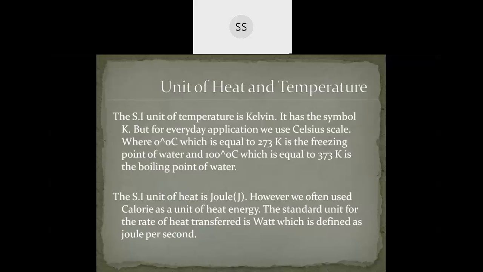Again, 100 degrees Celsius is equal to 373 Kelvin. When we measure the boiling point of water on the Celsius scale, it is 100 degrees Celsius, and on the Kelvin scale, it is 373 Kelvin. That is the relation between the Celsius scale and the Kelvin scale.